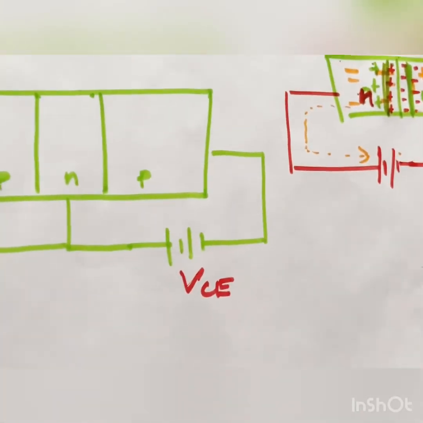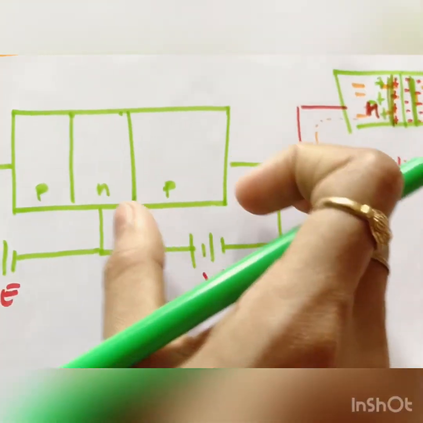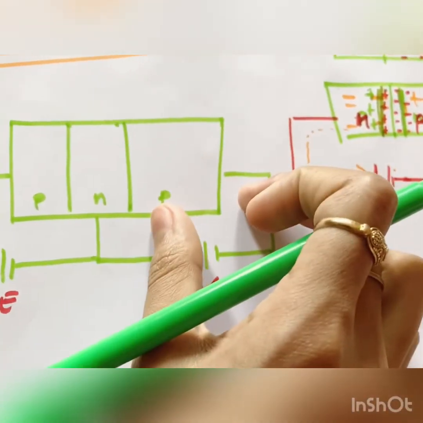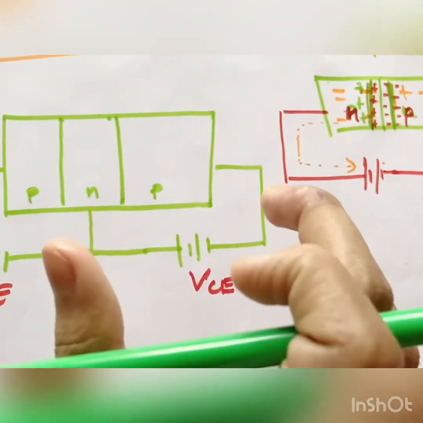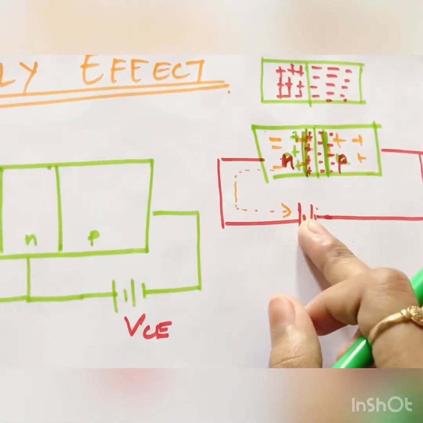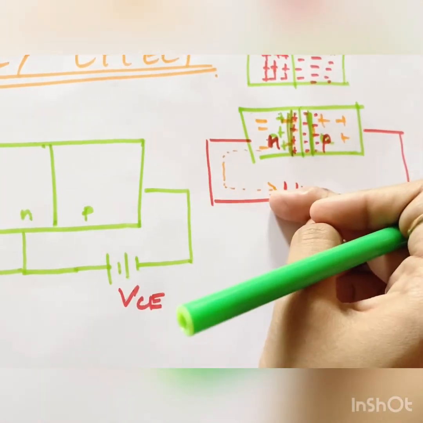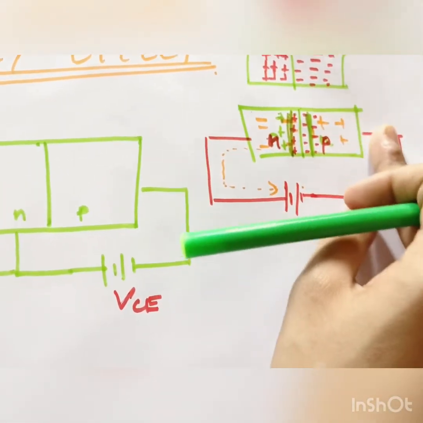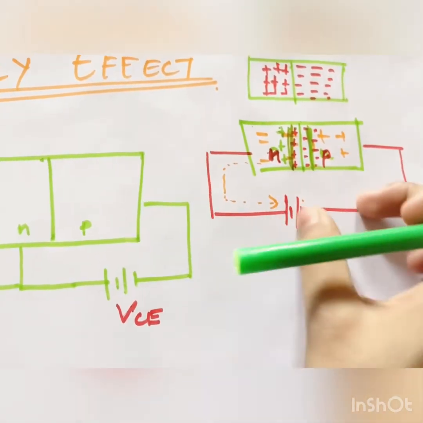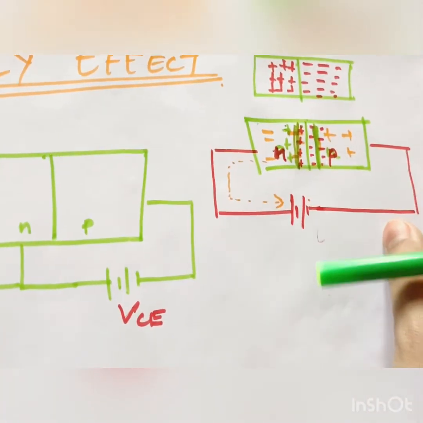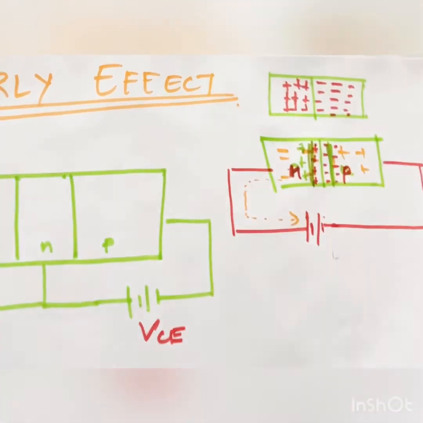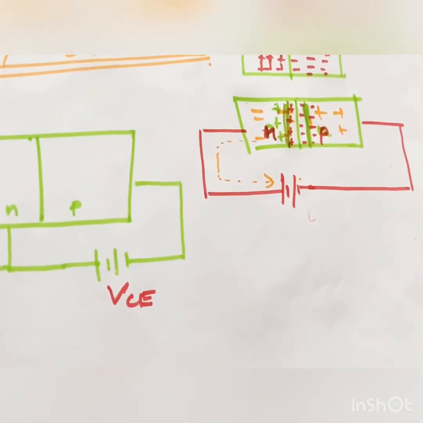This is a normal PN junction diode in reverse biasing. When the voltage increases, the electrons are more attracted towards the positive terminal and the holes more attracted towards the negative terminal as the voltage keeps increasing. So the depletion region keeps on widening.